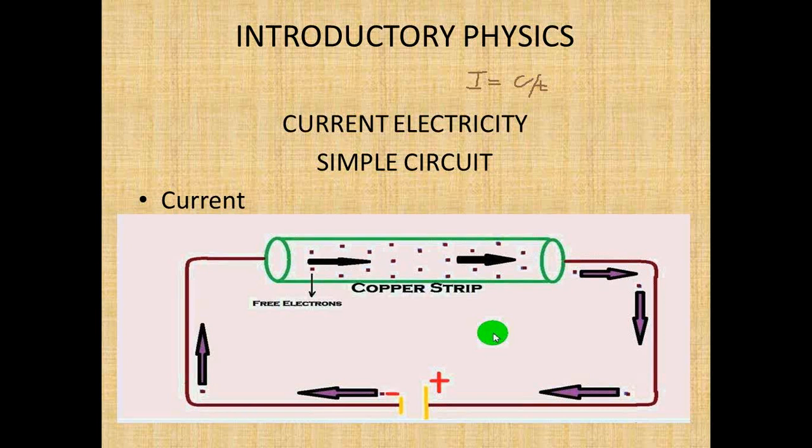However, once you complete the circuit and you have your potential difference, the electrons are going to have a net direction going this way. But it's not going to be a smooth ride. They're going to bounce all over the place.